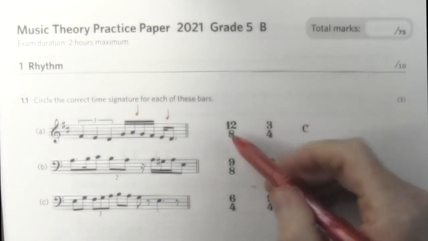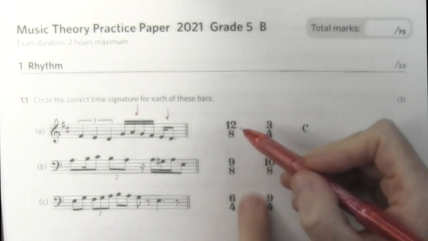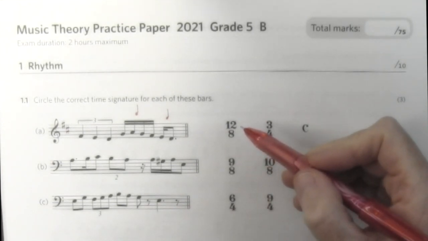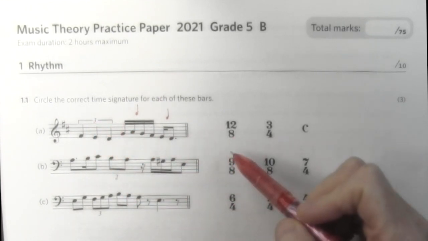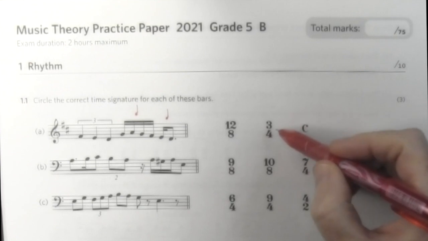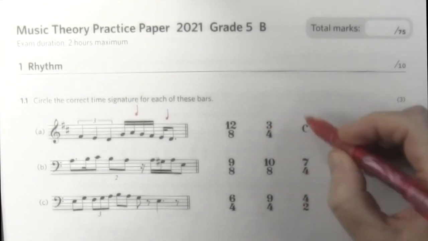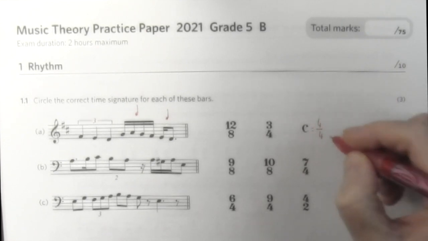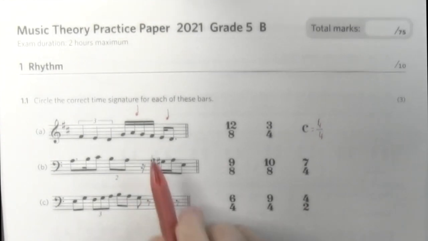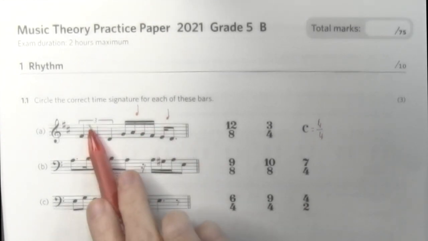We can, by the way, exclude 12/8, because 12/8 is a compound time, and the fact that we have a triplet sign means that we are in simple time. Now, how many crotchets do we have? 3 or 4, because this is equivalent to 4 crotchets. We have 2 here and 2 here.